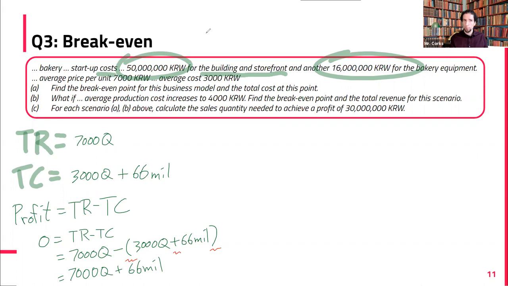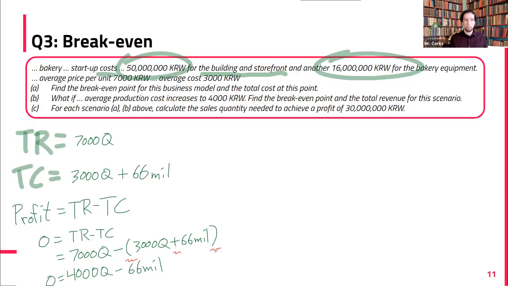But it's not plus 66 million, it's minus. That's a fixed cost, because they forgot about the brackets, forgot to apply the negative to both of the terms inside the bracket. So 7,000 Q, sorry, not 7,000. I forgot to do that subtraction. 4,000, that's better. 4,000 Q minus 66 million is equal to 0.